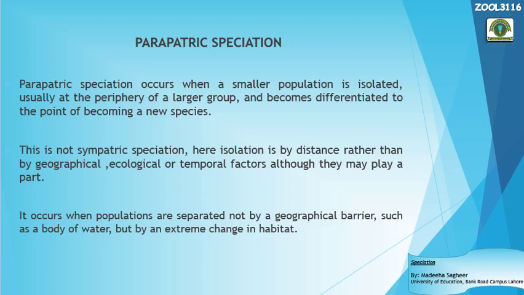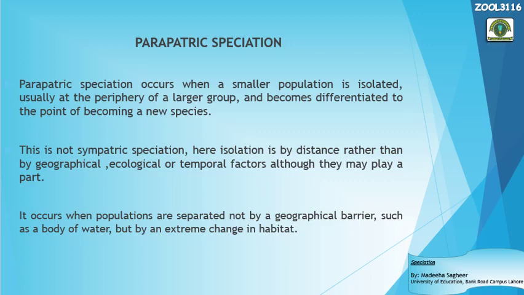Suppose in Pakistan there is a population of a particular species of insect. The insects present in the Punjab area, and insects of the same species spread throughout Pakistan, are present somewhat in the Balochistan area. So there is a distance between them, right? They are not separated by geographical barriers, they are separated because of the distance.